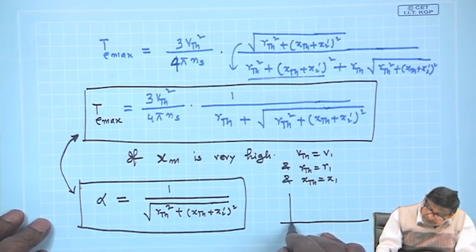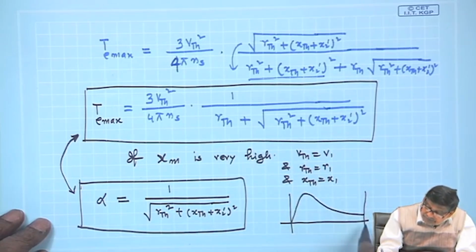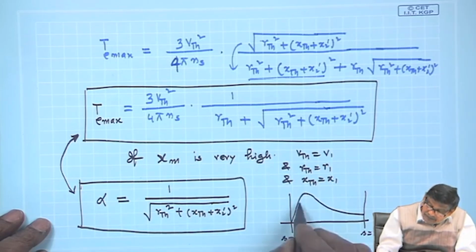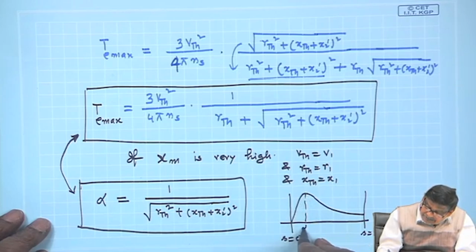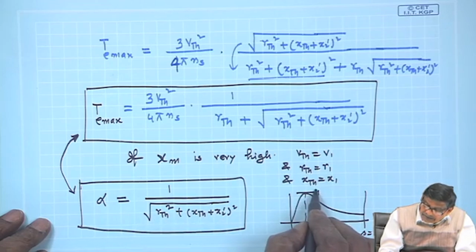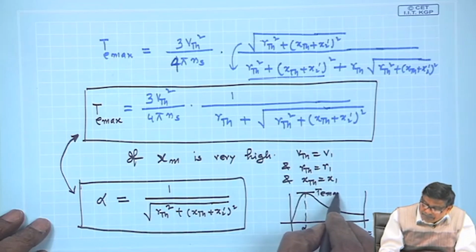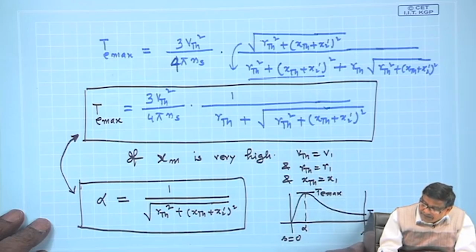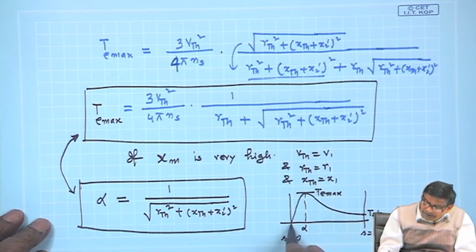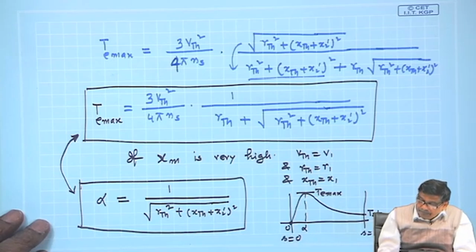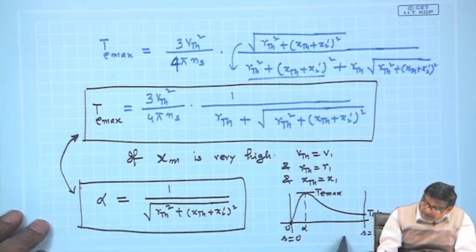I told you it was like this. This is S equal to 1, this is S equal to 0, and this is the slip at which maximum torque occurs, and this is T E max, and this of course is the starting torque, T starting. Got the point? If you have drawn like this, then speed is doing this.